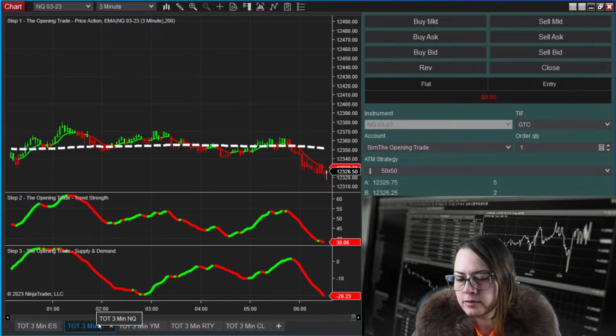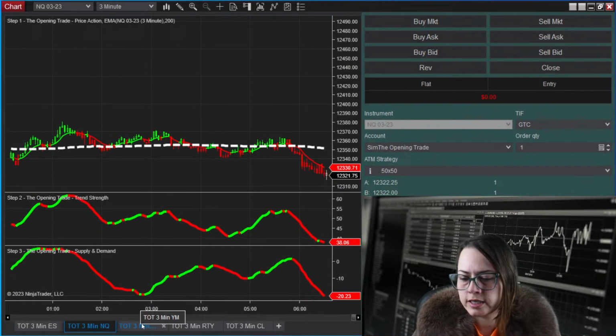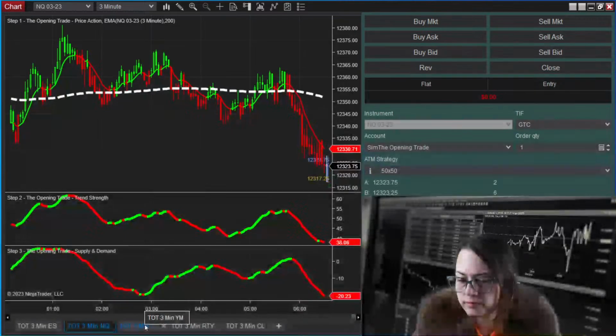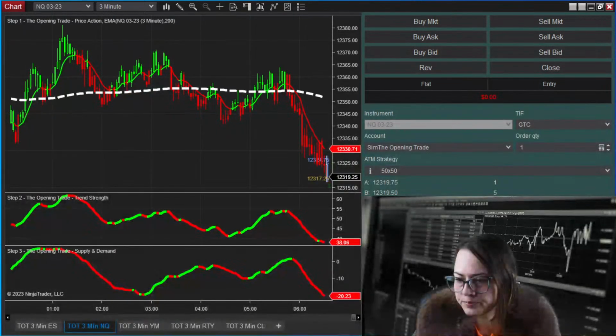Here we're seeing a move on the NASDAQ. It is currently an open candle, so it looks like it's trying to come back to the 200 period EMA, but the candle is open, so we don't know until the candle closes really if it's going to be red or green.